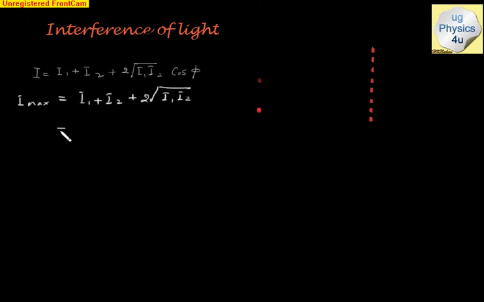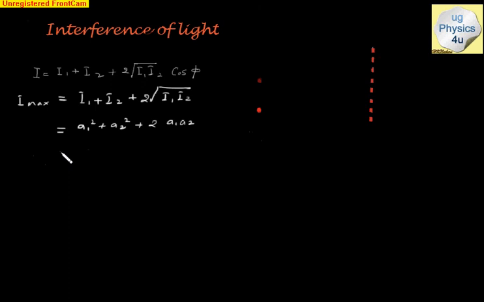And in terms of amplitude, we can write A1 square plus A2 square plus twice A1 A2, because the square root of I1 is equal to A1.